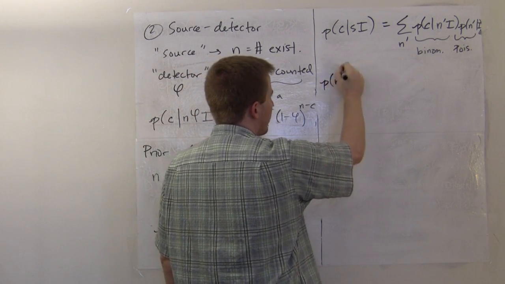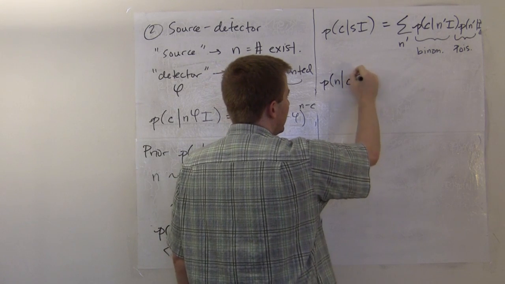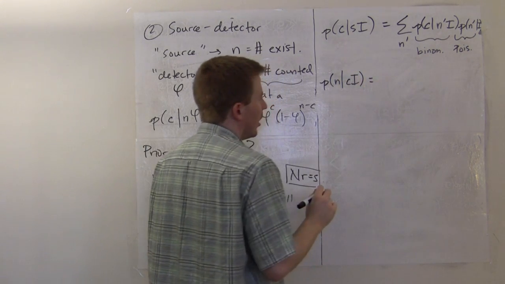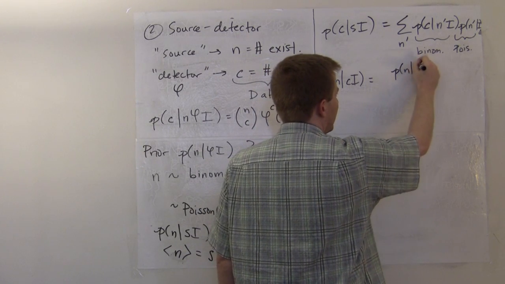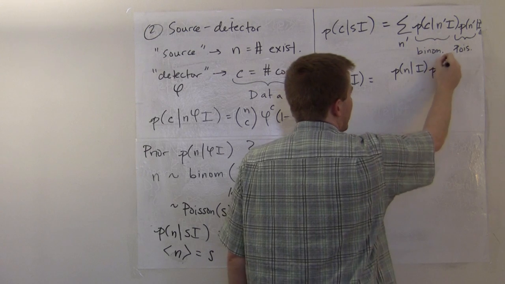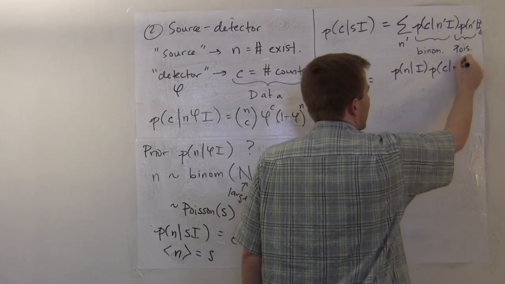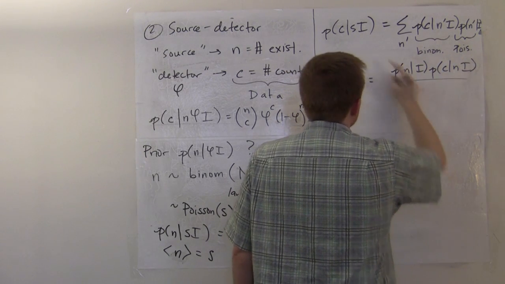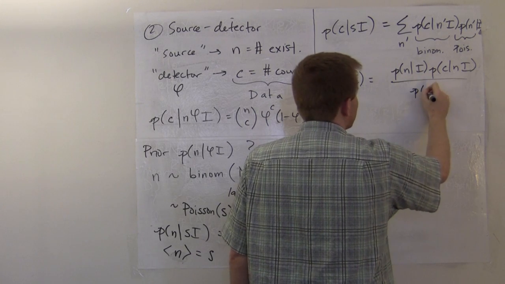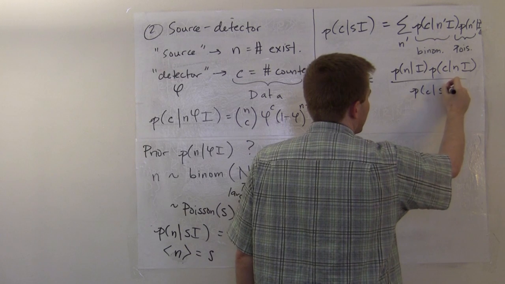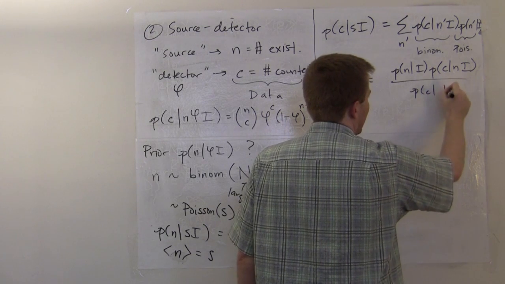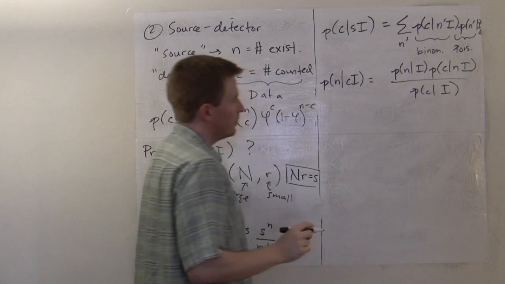So we could write the posterior probability for n, given an observation of C counts, as the prior probability for that particular n times the data probability for that particular n, divided by this sum, which is the probability of the count not conditional on the value n.